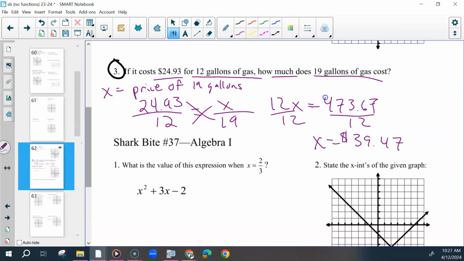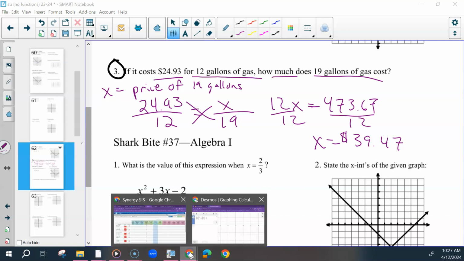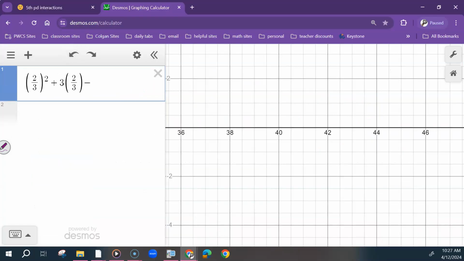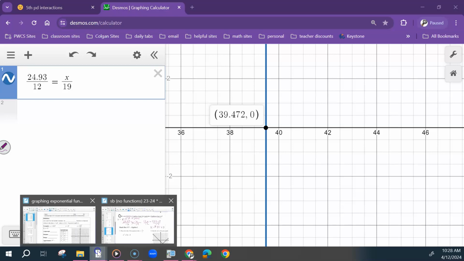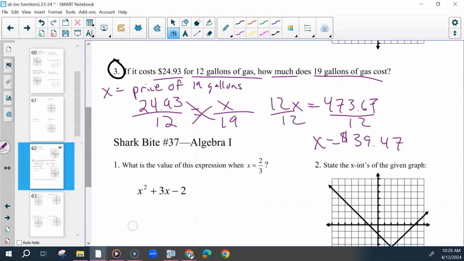If you put this into Desmos, you'd have to zoom out to find it, but then it would show you that same thing. And you would round it since it's dollars. Do we have a dollar sign off the tax? That's fine. You just need a unit of measurement.